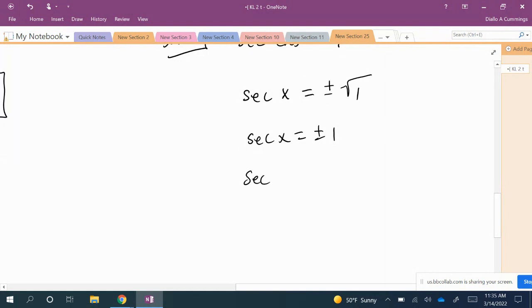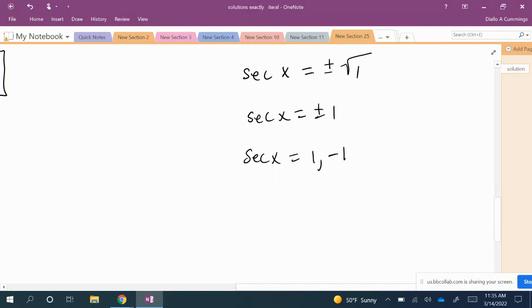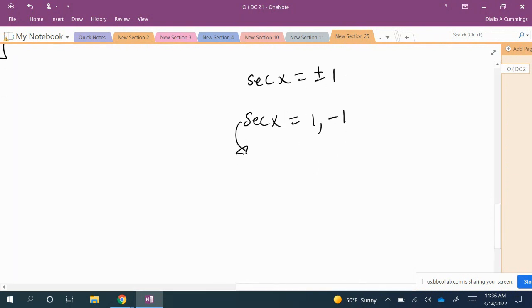So we have two solutions. Secant x is equal to positive 1 or negative 1. All right, so we're going to interpret this as, because remember that the solutions are angle measures. All right, so even though we solved this and we got a positive 1 and a negative 1, the solutions are angle measures.